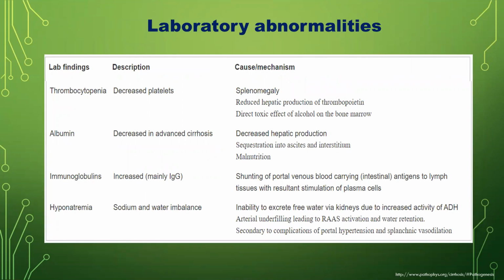Thrombocytopenia is present in patients with cirrhosis due to splenomegaly, reduced hepatic production of thrombopoietin, or the direct toxic effect of alcohol on the bone marrow.